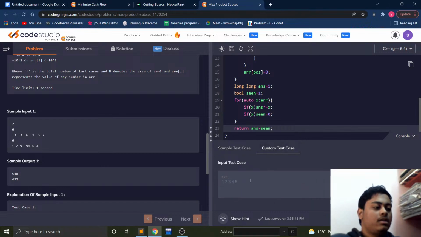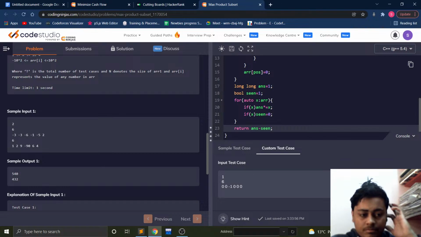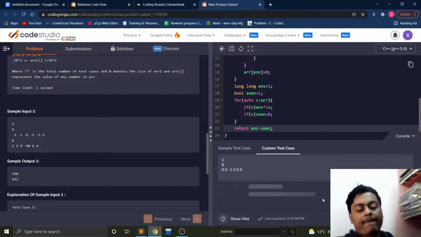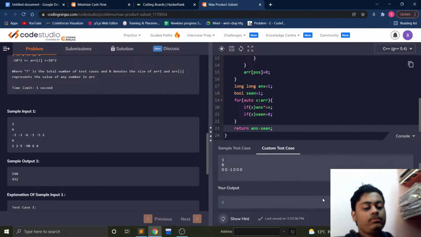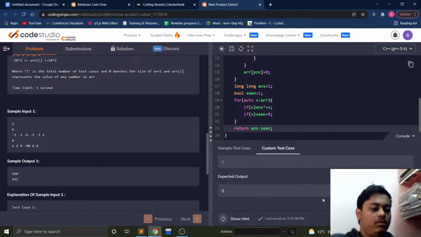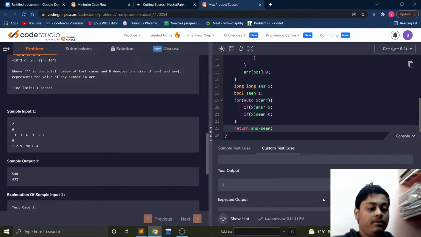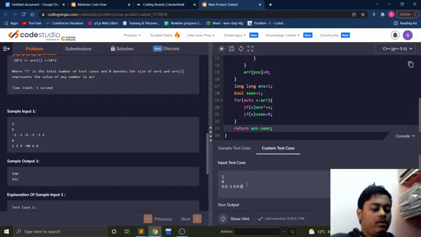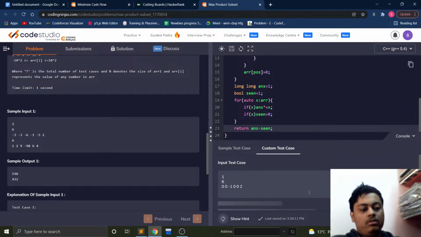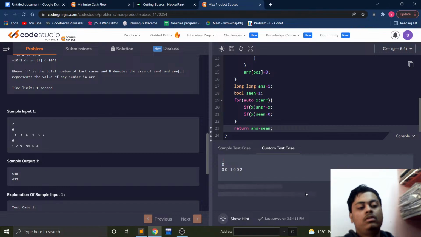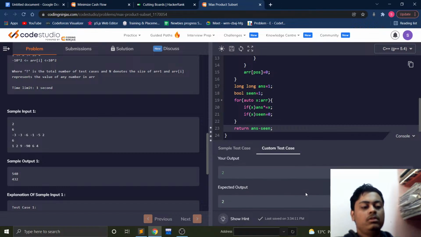But let me try some test case. 1, 6 values: 0, 0, 0, 0, minus 1, 2. My output is 0, right? Expected is 0, fine. If I had a 2 also here, 2 is correct.